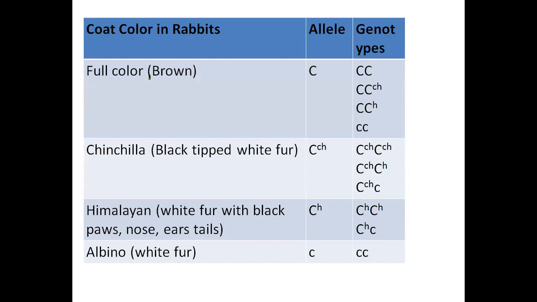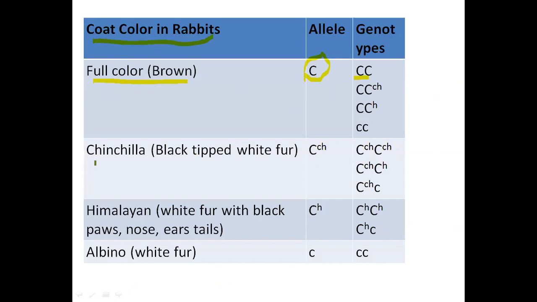And then we will have another example, the coat colors in rabbits. One of the coat colors of rabbits is brown, which is known as full color, and it is represented by capital C. Wherever this capital C is present, whether in homozygous condition or not, it will always be dominant.